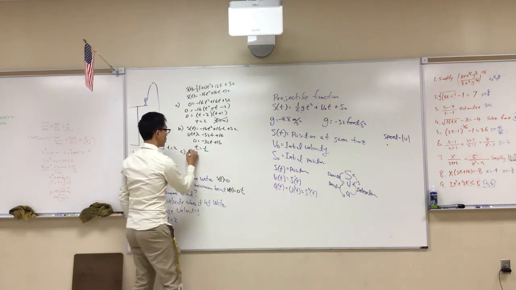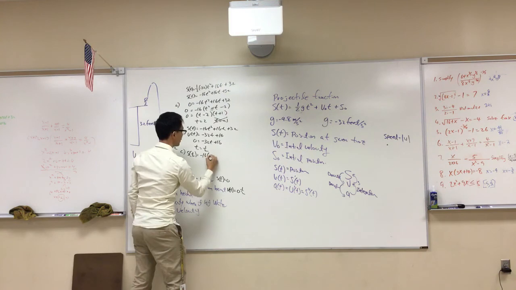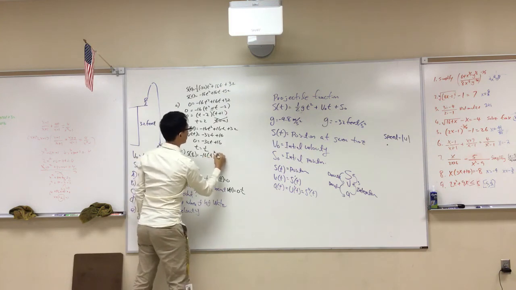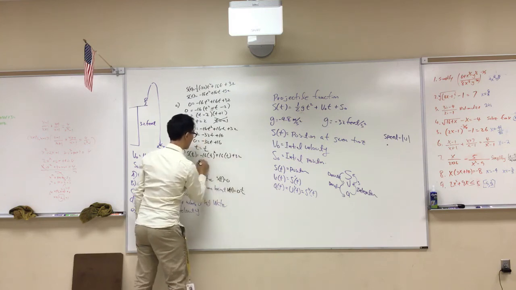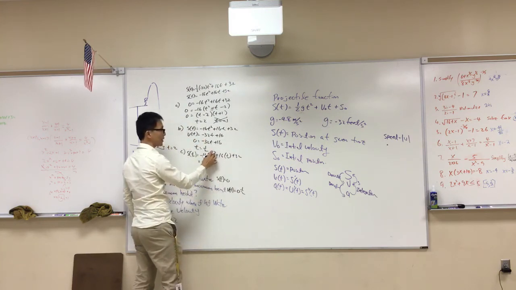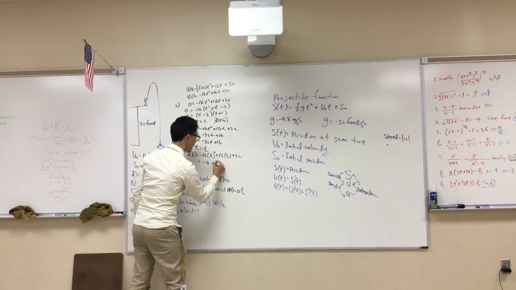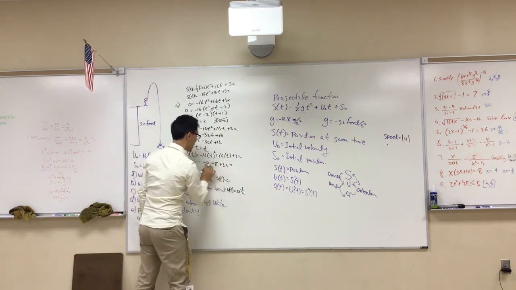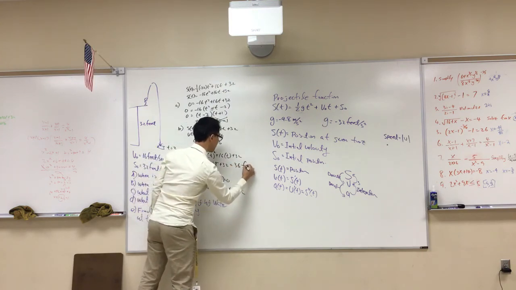So S of 1/2 is equal to negative 16 times 1/2 squared plus 16 times 1/2 plus 32. So 1/2 times 1/2 is going to be what? 1/4. So it's going to be negative 4 plus 8 plus 32. That's equal to 36 feet.